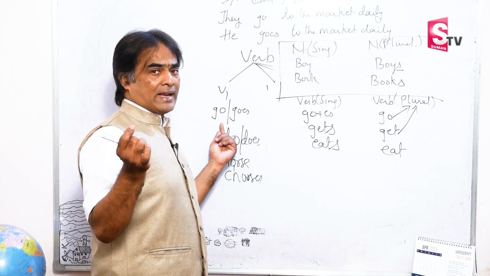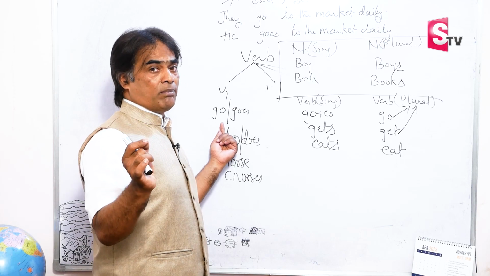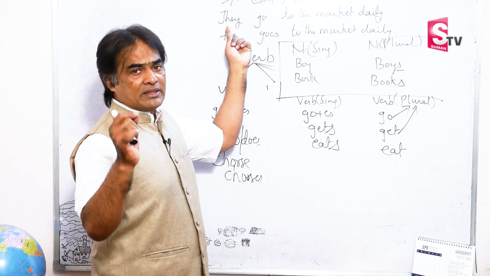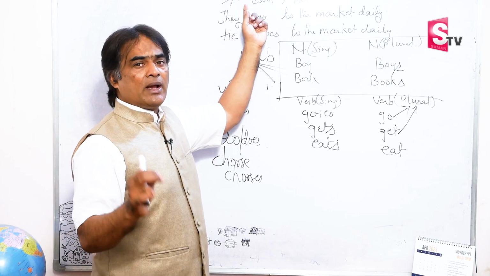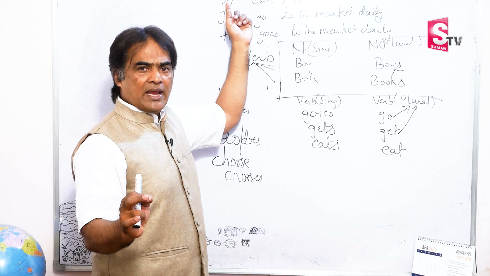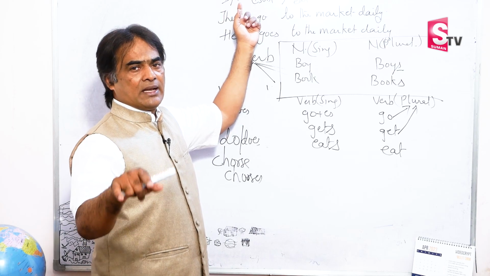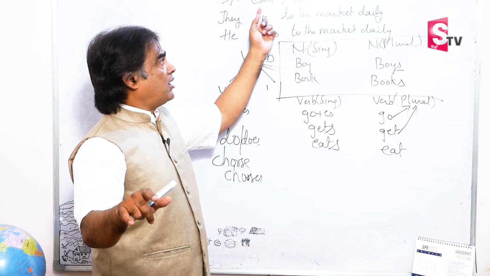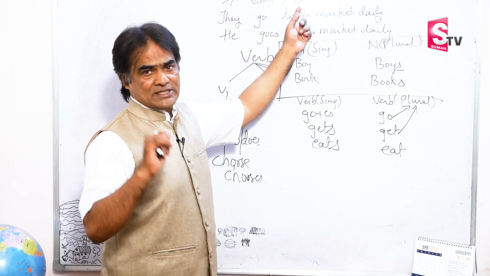V1 verb without s is a plural verb to be used for a plural noun, with I and you as exceptions. I and you, though are singulars, they are treated as plural subjects, so they carry V1 verb without s.